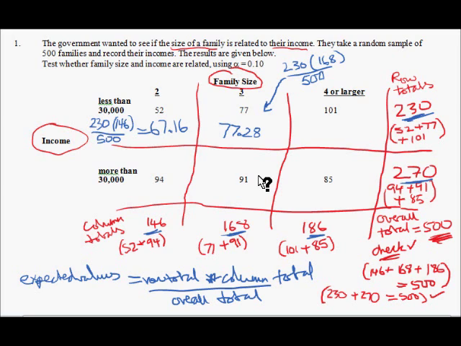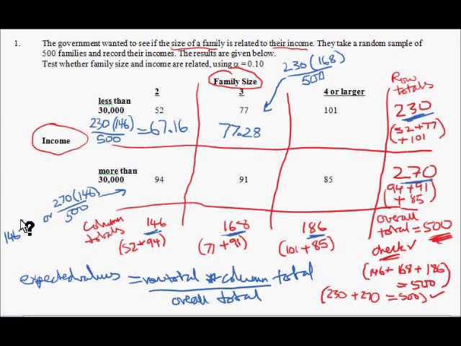So for example, this value here that goes in here, I have a couple ways I can find that. I could either do the formula, I could take the row total, which is the second row, so it's 270, times the column total, 146, divide by 500. Or I could just take, well, I know it must sum to 146 here, right? So I can take the 146 minus the 67.16.